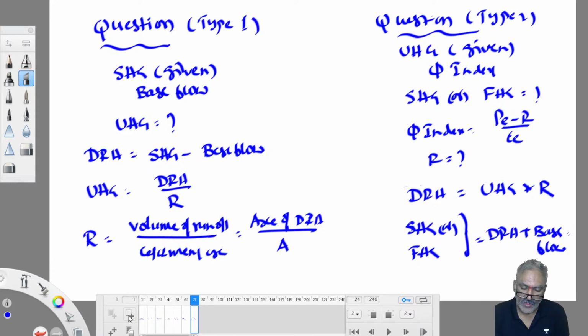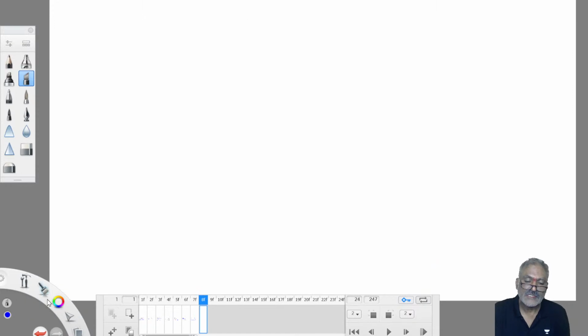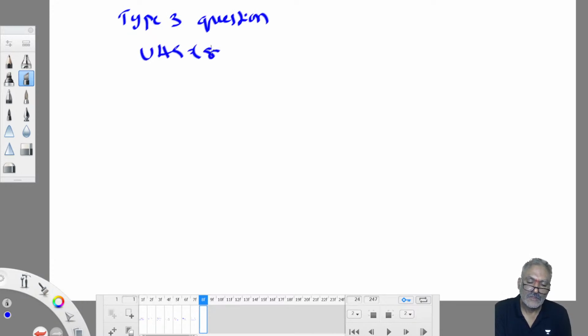And one more type of question that you can expect is, whenever the unit hydrograph is given to you, you are expected to find out the catchment area.